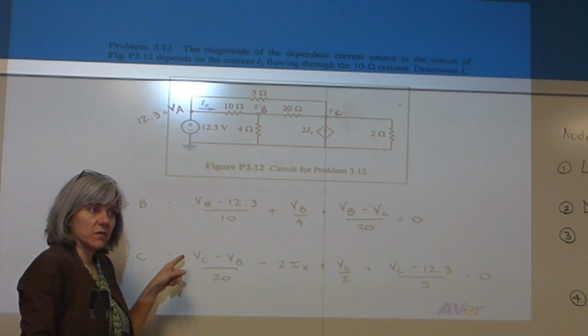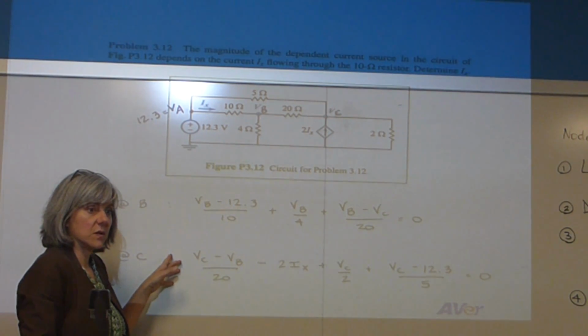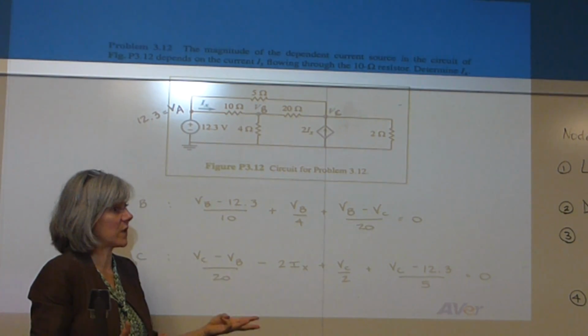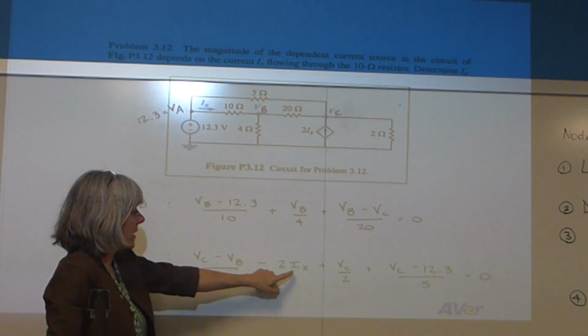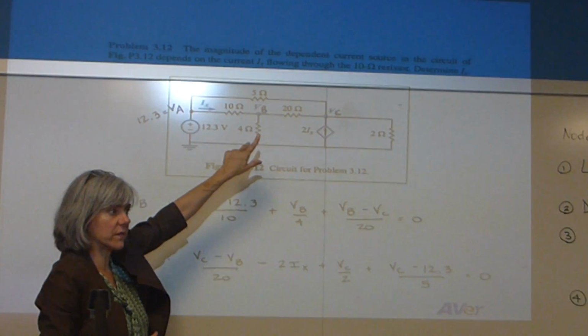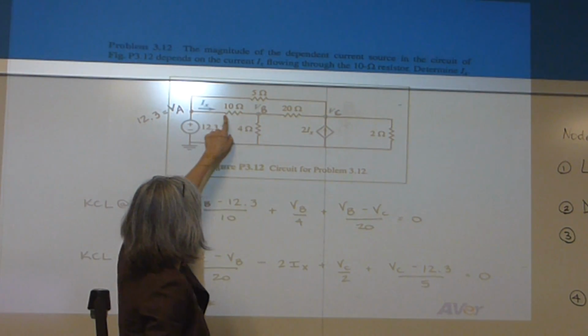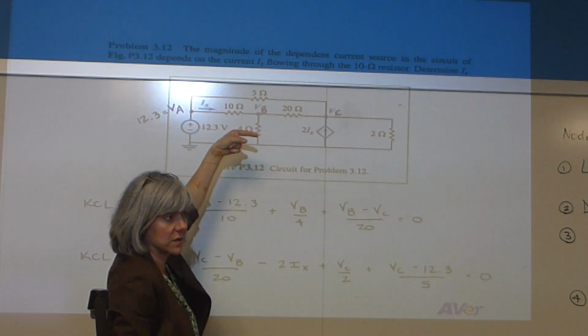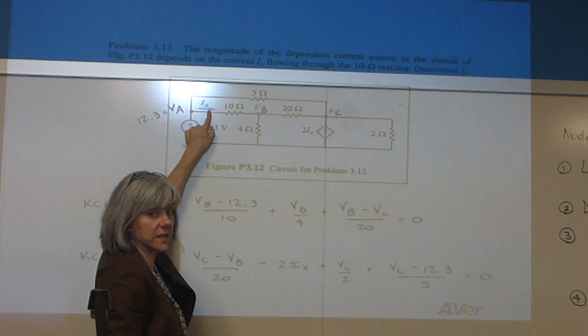Is this ready for matrices? No. Why not? Now I've got 2 variables, 3 unknowns. We have a problem. So what you would like to do is write I sub x in terms of one of your variables. So I sub x is this one in this direction. So how can I define this I sub x?